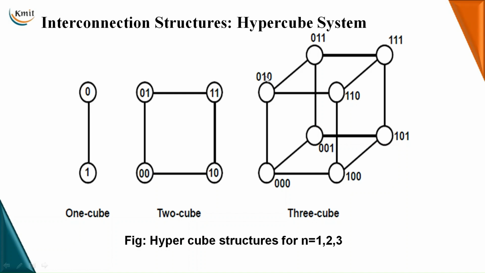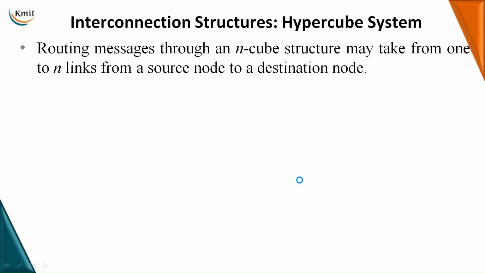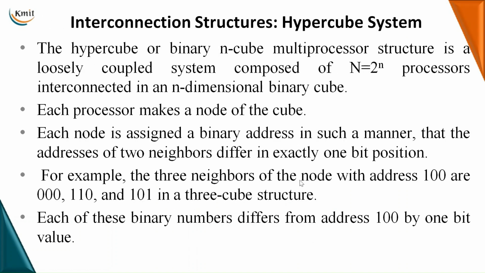This neighbor 010 differs in only this particular digit. And this neighbor 001 differs in only one bit. So all the neighboring nodes are assigned addresses in such a way that the addresses of two neighbors differ in exactly one bit position.